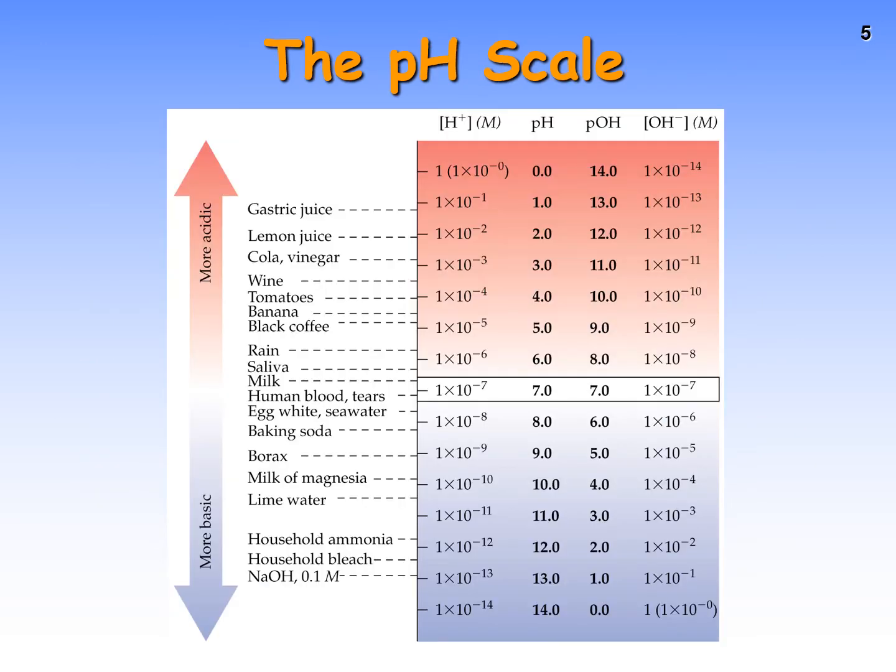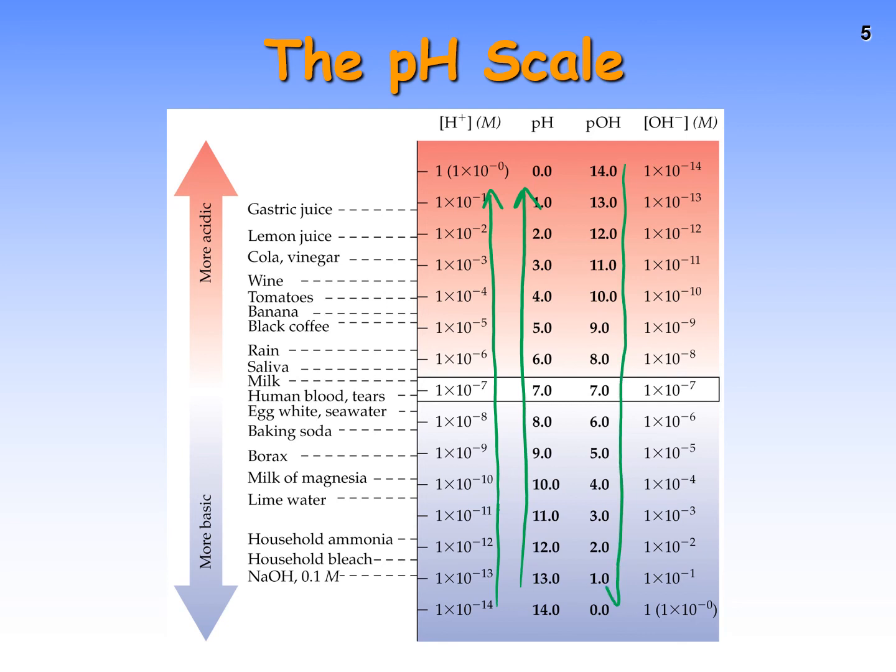So here's a general gist of the pH scale, and you can see that as our pH goes down, our H3O plus concentration goes up. At the same time, as pH goes down, pOH has the opposite relationship.